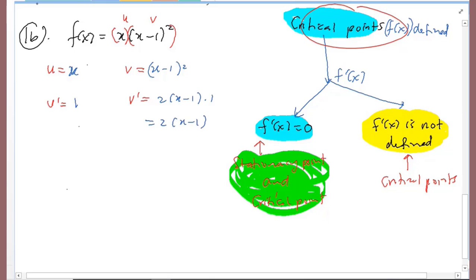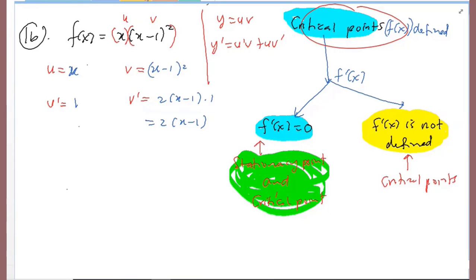Set up, then using the product rule, y prime is equal to u prime v plus u v prime. So find the f prime of x.